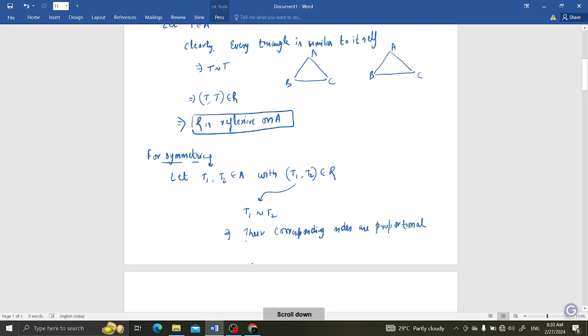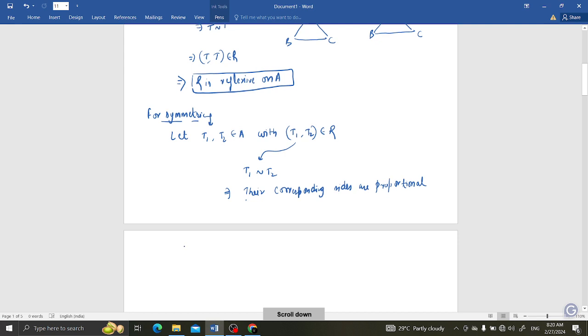Okay, or we can say one more thing from the above line: corresponding sides of T1 and T2 are proportional.